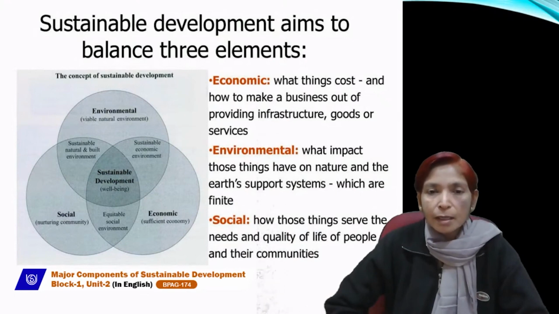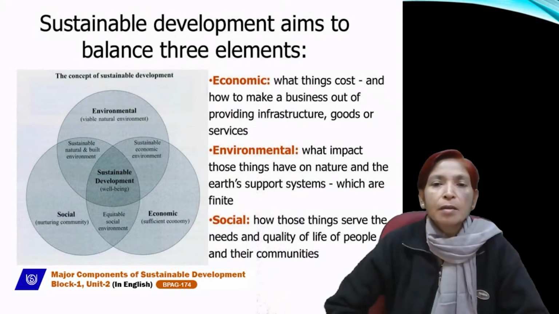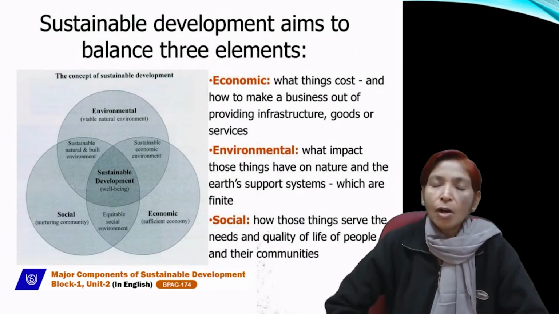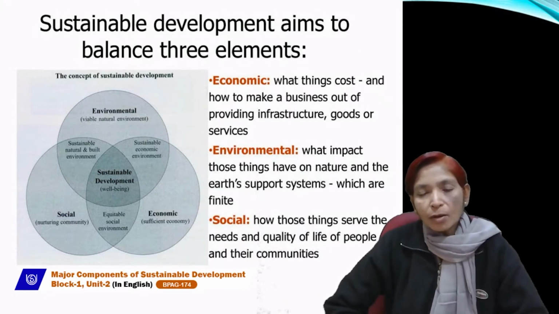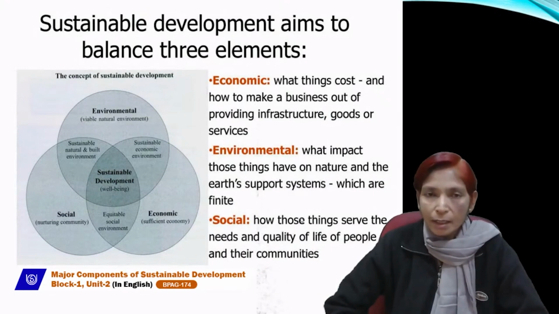In the economic element, we include how we can use scarce resources to the maximum, minimize the cost of production, and produce more goods and services. The environmental dimension tells us what impact those things have on nature and the earth's support system, which are finite, not infinite.